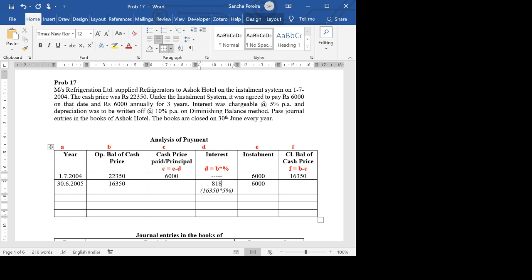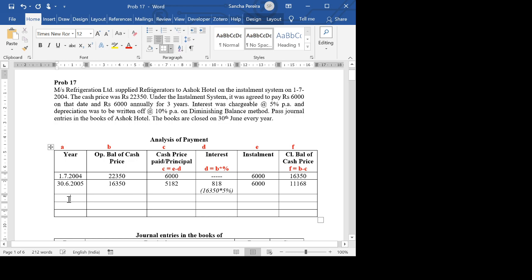So I'm going to round it up to 818. Okay. So 6,000 minus 818, the cash price component is 5,182. So here we get 16,350 minus 5,182, we will get 11,168.